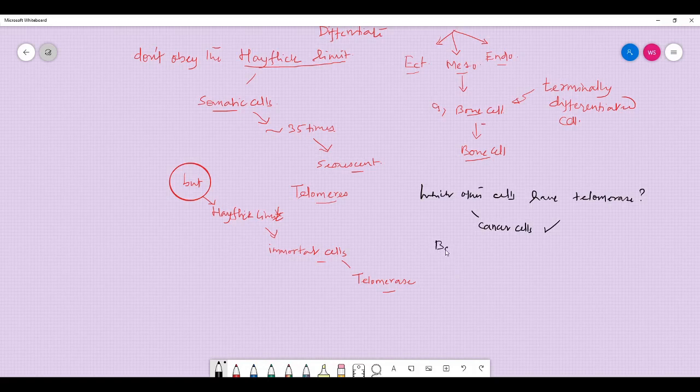Bacteria can grow indefinitely. Why? They don't have telomeres. Telomeres are absent in the bacterial chromosome. So they can grow indefinitely. And so that was a trivia.